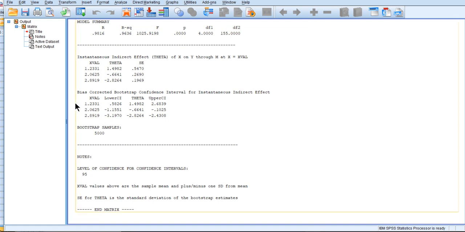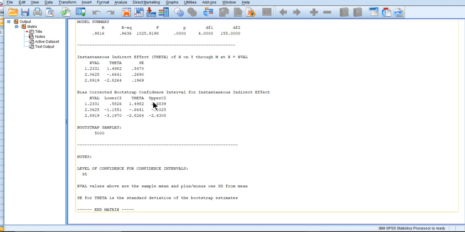So we see that at small values of x, when the task is very structured, the lower confidence interval and the upper confidence interval are both positive. The interval doesn't contain zero, so the result is significant.